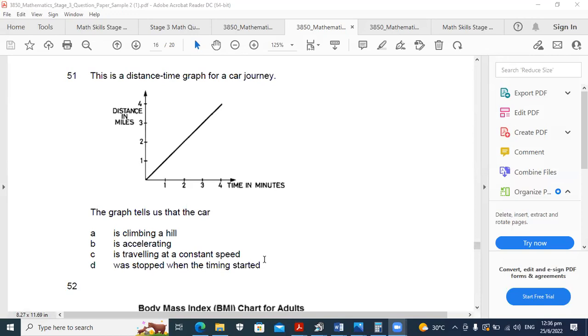All right, so what you need to understand about a distance time graph is that we know speed is distance traveled divided by time taken. If I divide the distance by this time, I should get what? Speed.